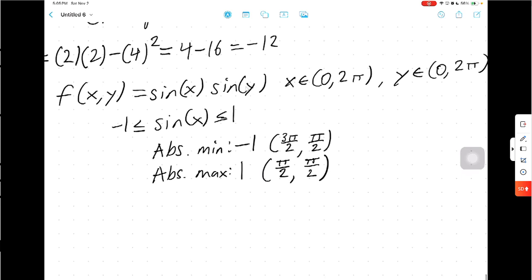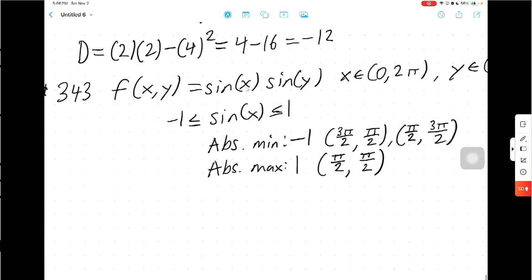The way you can see this is we essentially want one of these to be exactly 1, and the other to be negative 1 if we want the absolute minimum, and the other one to just be 1 if it is the maximum. This is the only way this is going to work.